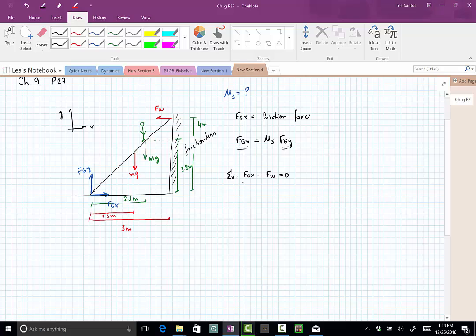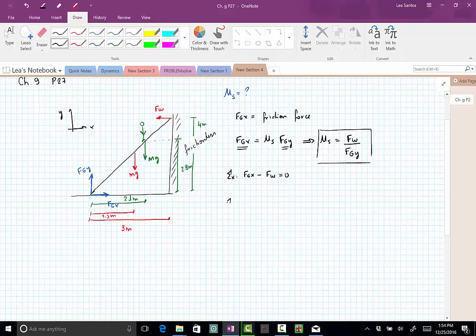Okay, so from here I see that the FGX is just the force from the wall. So that coefficient that we want to obtain is equal to the force from the wall that I do not have over the FGY that I do not have. So this is how we are going to find this coefficient.